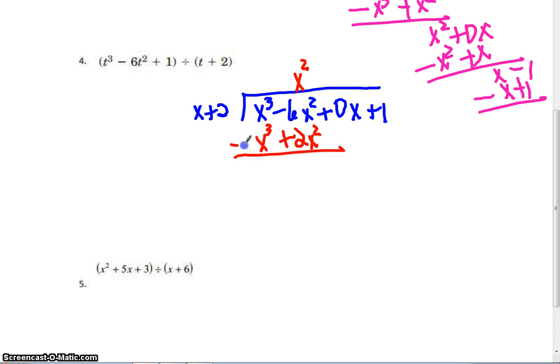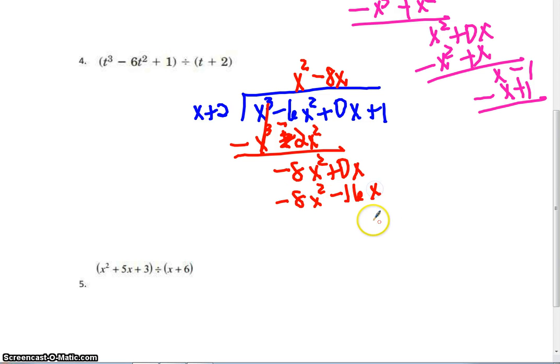Draw a line, change your signs, and combine. This is negative 8x squared. These cancel. Plus 0x. You would have to multiply x by a negative 8x to get negative 8x squared. So negative 8x squared minus 16x.